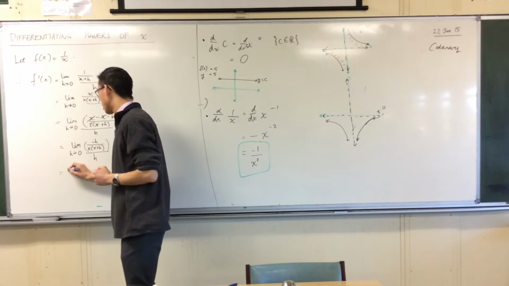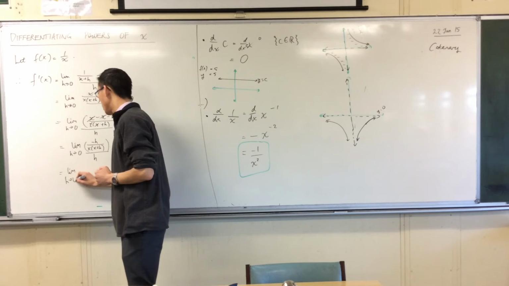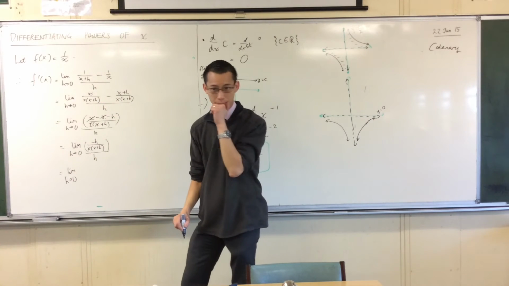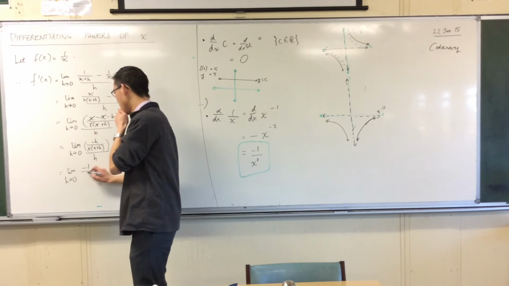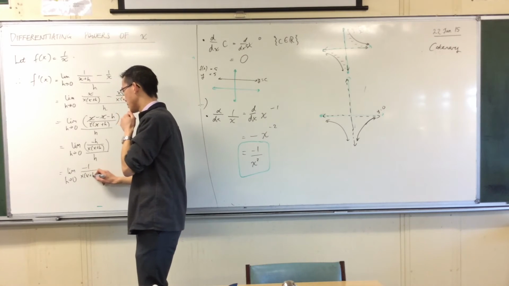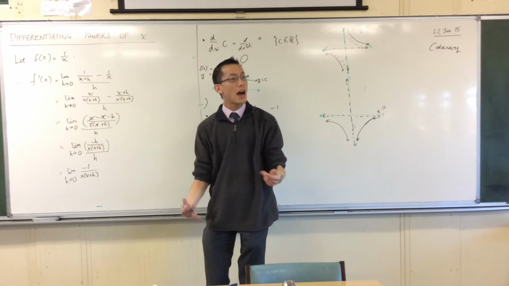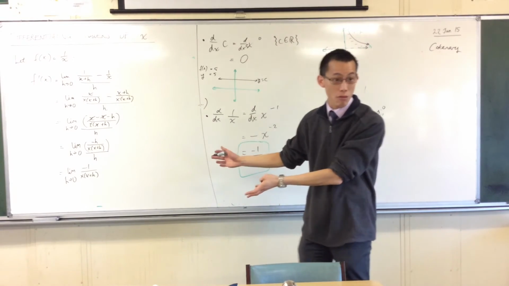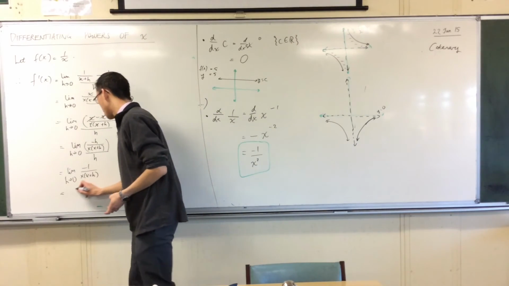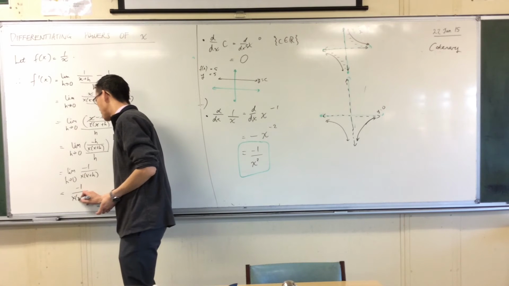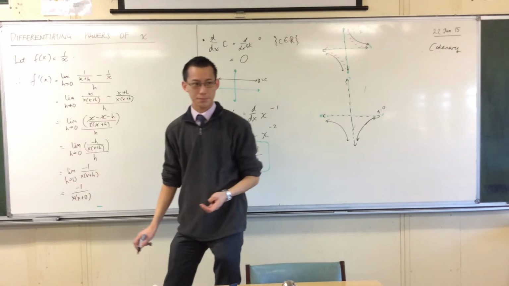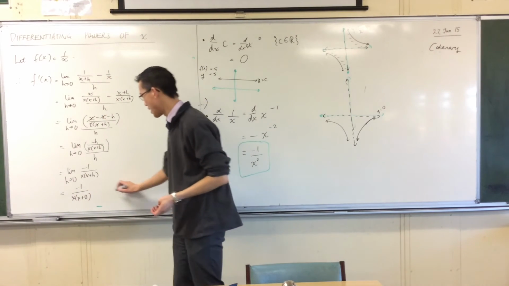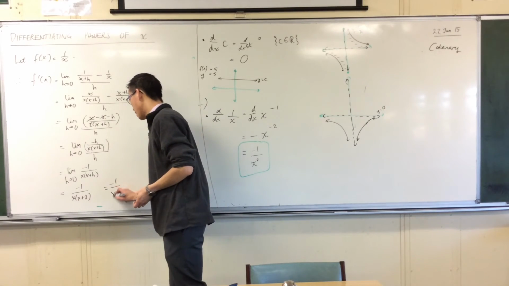So I've got the limit as h approaches 0 of, what have I got? Minus 1 on x plus h. And now I'm in a position where I can actually evaluate and see what happens when h really is 0, which is minus 1 on x, not x plus h, x plus 0. I've just run out of space, but you can see what I get.